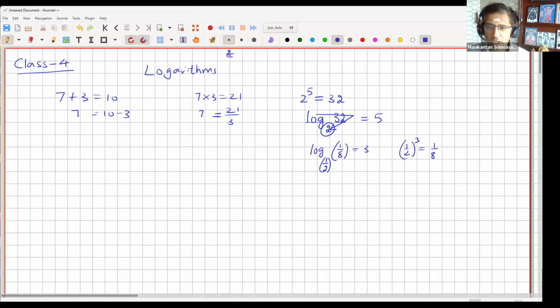Okay, so what are some of the restrictions for logs? You cannot have log of a negative number, right? So even though, let's say minus half power 3 is minus 1/8, this is fine. But what is not fine is saying log minus 1/8 to the base minus 1 by 2 is 3.